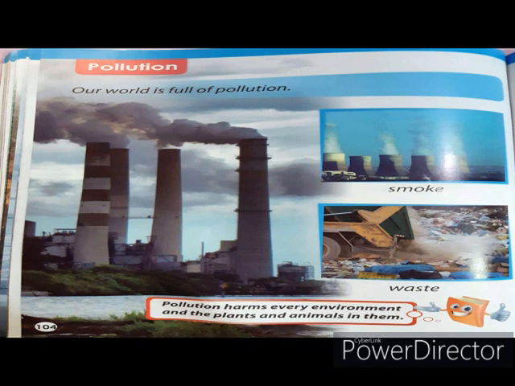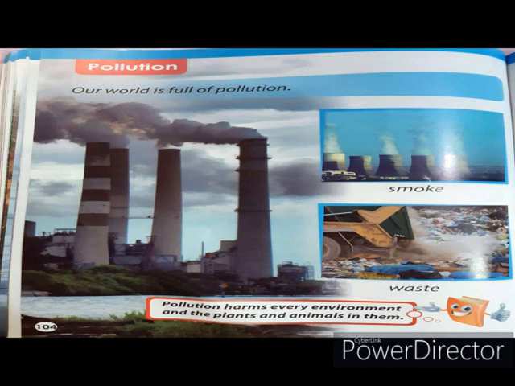Our world is full of pollution. Land pollution, water, air. Because of the smoke and because of the waste, the smoke can cause air pollution and the waste can cause land pollution. Pollution harms every environment and the plants and animals in them. So it will harm all living things.